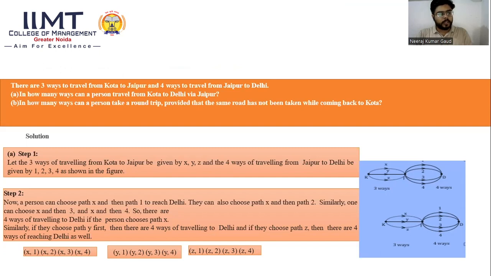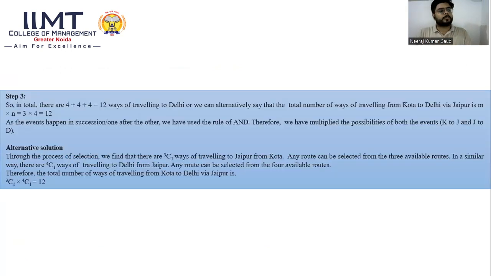And similarly, if they choose the path y first, then there are 4 ways of traveling to Delhi. And if they choose path z, there are 4 ways for reaching Delhi as well. So step 3. In total, there are 4 plus 4 plus 4 equal to 12 ways of traveling to Delhi.